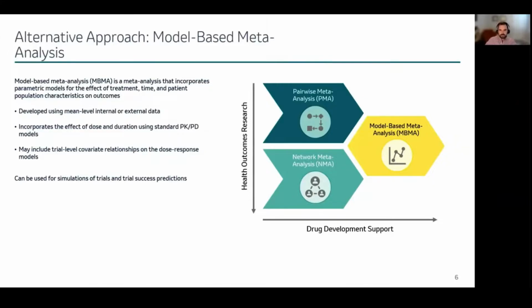And it's often developed using mean level external data that's collected through something like a systematic literature review. So this is a huge advantage because you're able to leverage the totality of available clinical information that's out there in the public domain. So today we're going to review how to use this type of modeling approach for dose selection for an experimental monoclonal antibody.